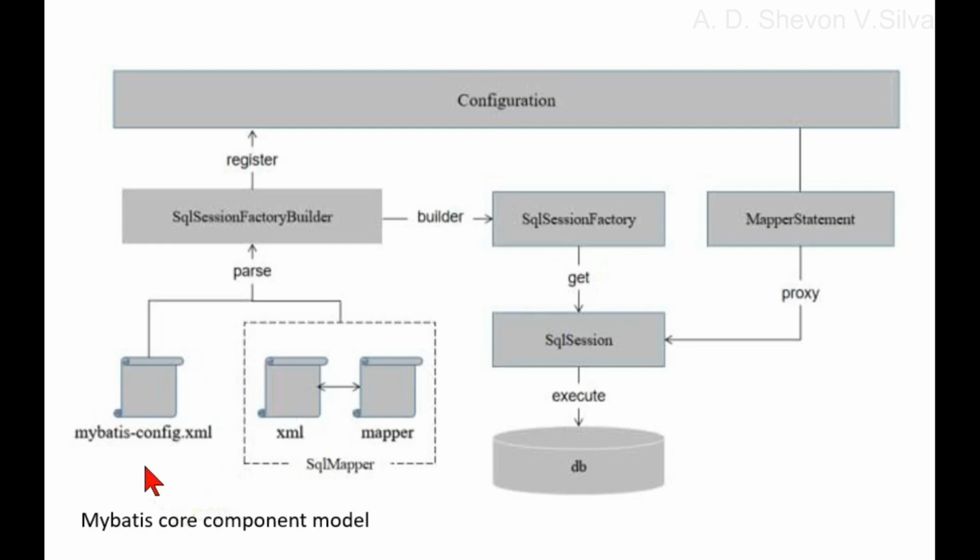Here MyBatis-config XML and SQL mapper are connected to the SQL session factory builder via pass. Here XML and mapper are inside the SQL mapper. Mapper XML interacts with mapper, and here the SQL session factory builder is connected to configuration via register.